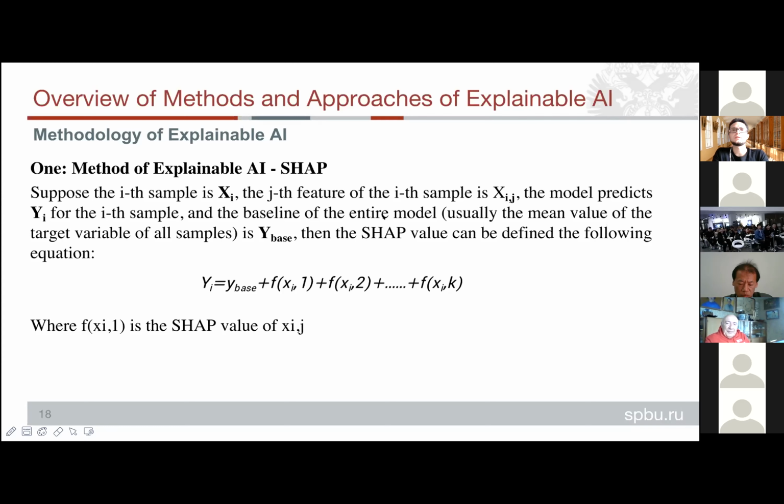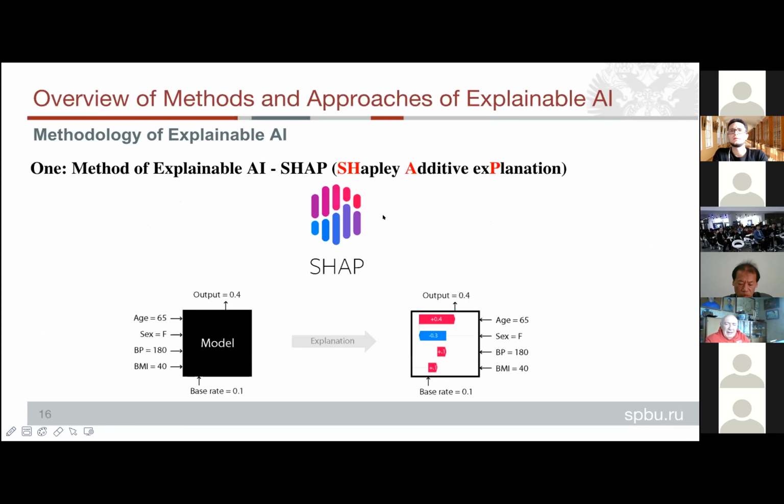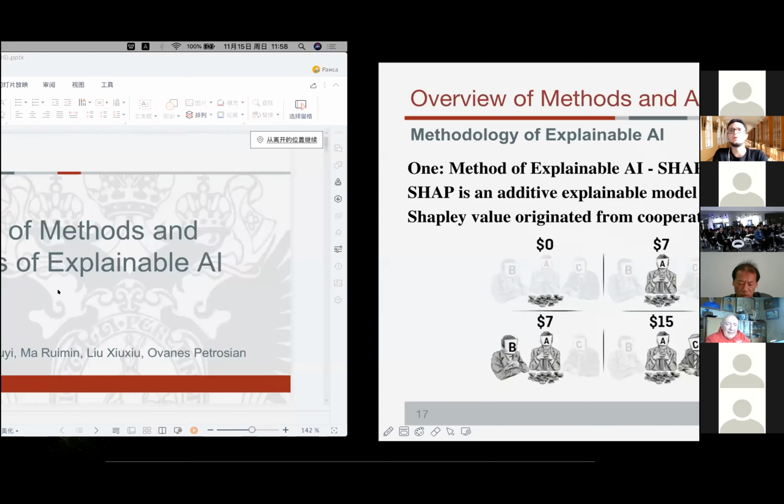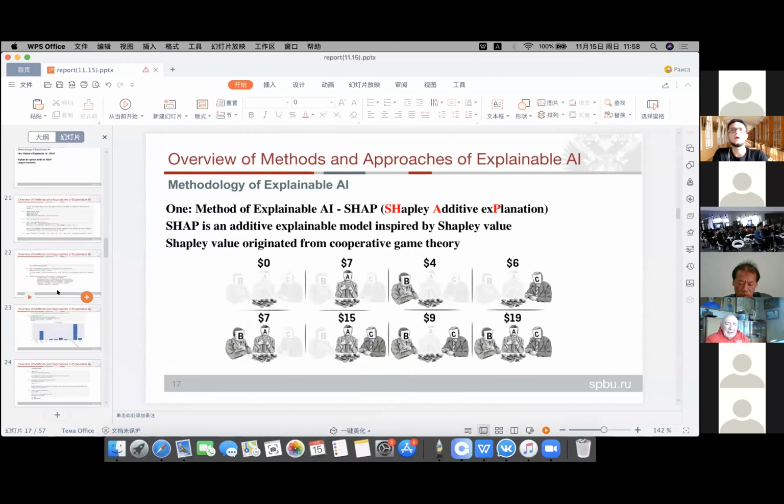Yui, could you please say a few words about how the SHAP approach is applied? Because I'm not very sure that all of the participants understood this part. So it's a key point, how it is applied.